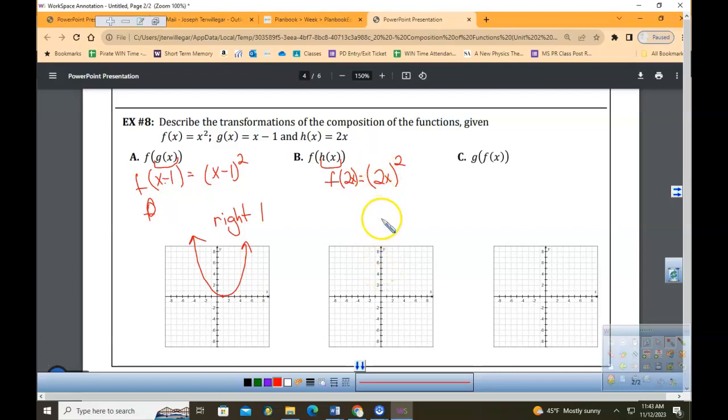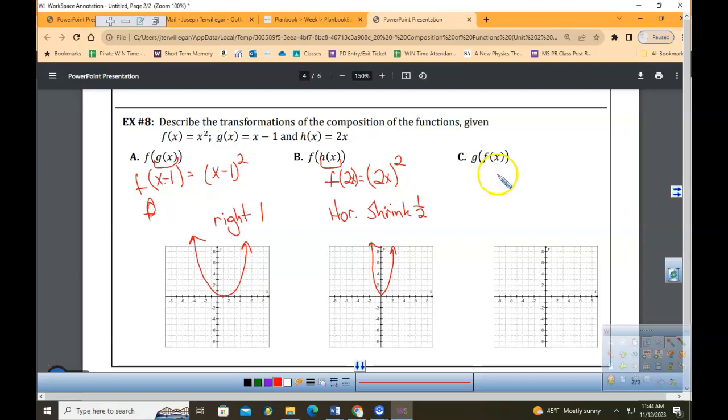That's going to be a horizontal dilation of a half, or a shrink of a half, because it's 1 over what's inside. It's horizontal, so when I draw it, it's going to be skinnier, half as skinny, actually. This is just a nice review of our graph transformations.